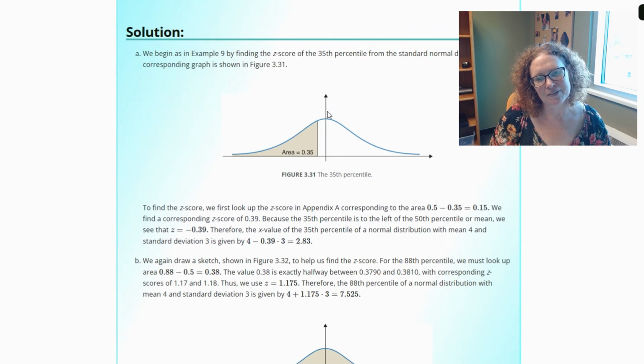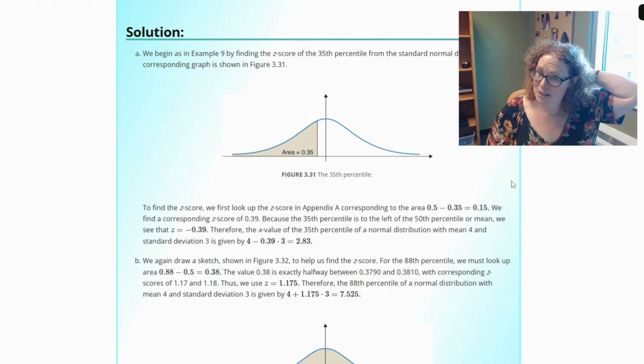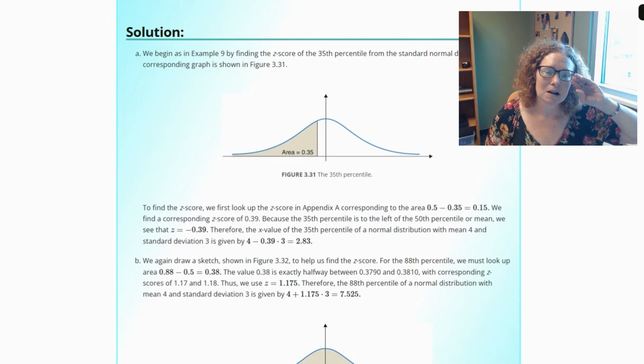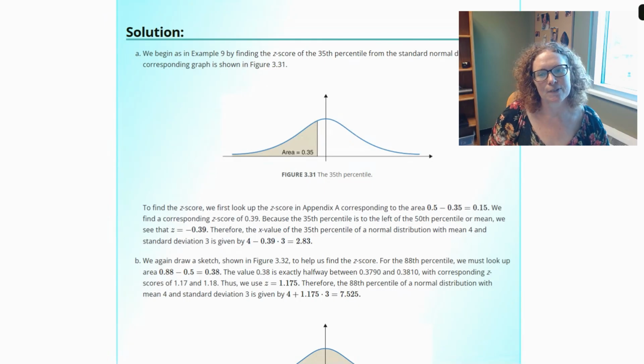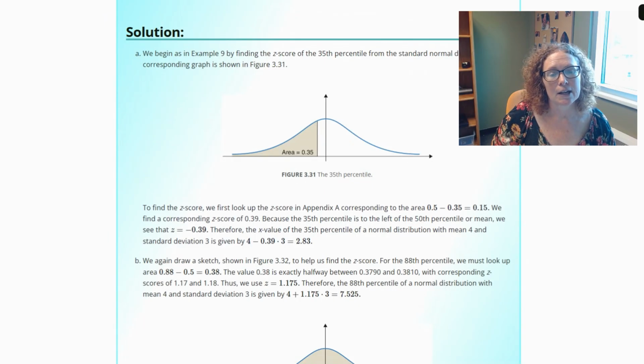Remember that this half is 0.5, right? It's always 0.5, whether the mean is 0 or in these cases where the mean is not. And so we're going to say 0.5 minus 0.35 and get 0.15.